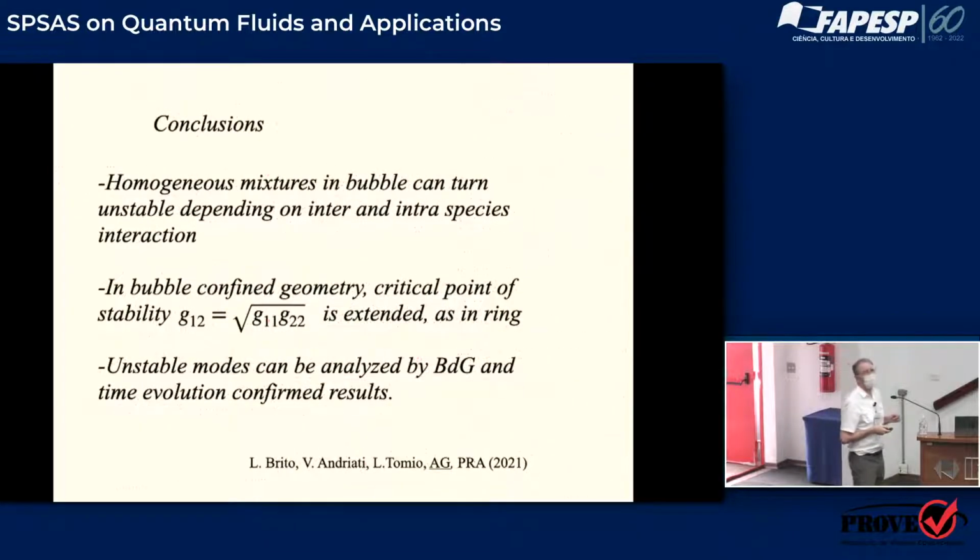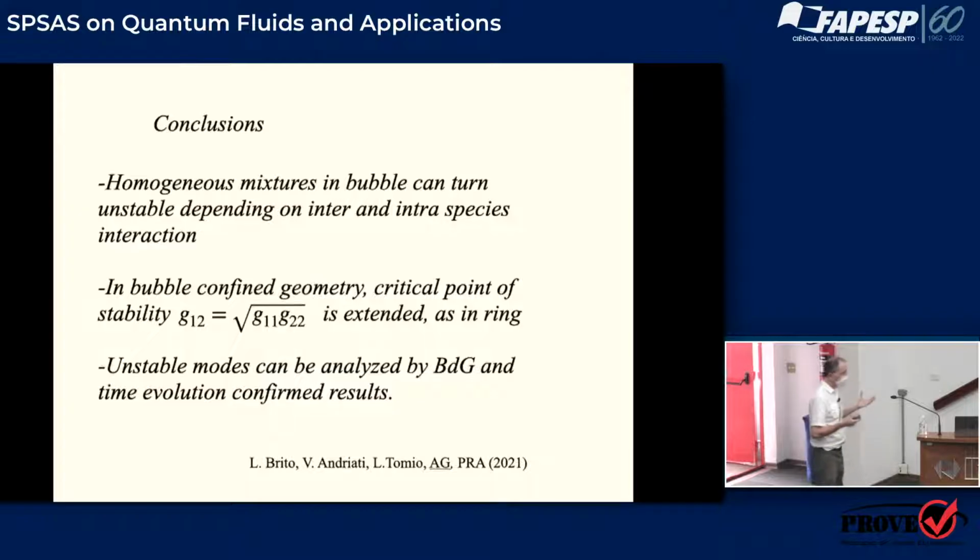Conclusions: homogeneous mixtures in a bubble can turn unstable depending on the intra- and interspecies interaction. In the bubble confined geometry, the critical point of stability for G12 changes. It's well known that in a homogeneous infinite system, G12 must be less than or equal to the square root of G11 G22 to be stable.